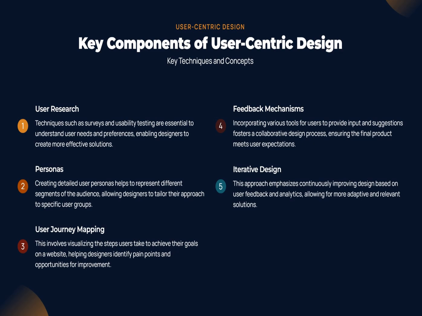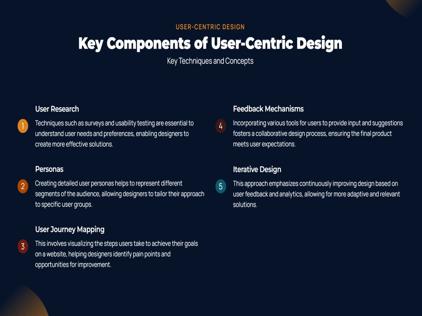The next point is accessibility standards, adhering to web content accessibility guidelines to ensure inclusivity for all. Usability tests, continuous testing with real users to gather actionable feedback and refine design. And there are many other key components of user-centric web design.